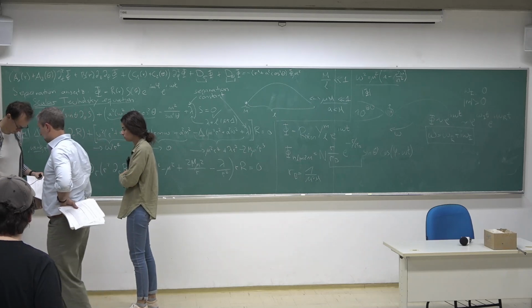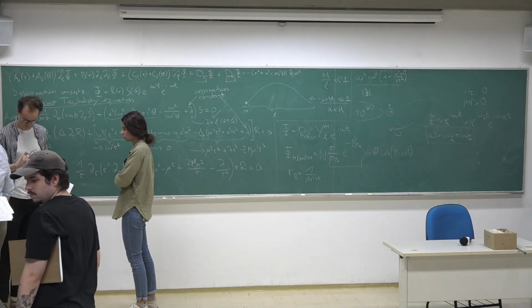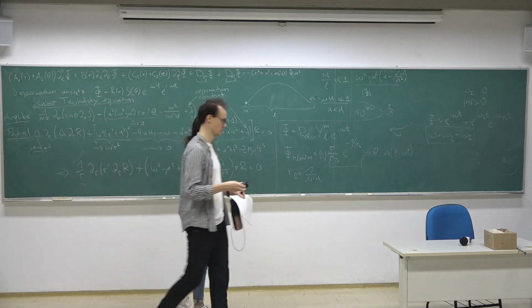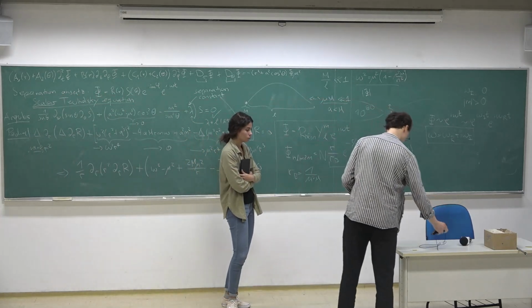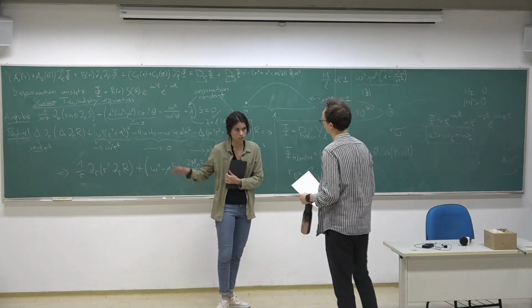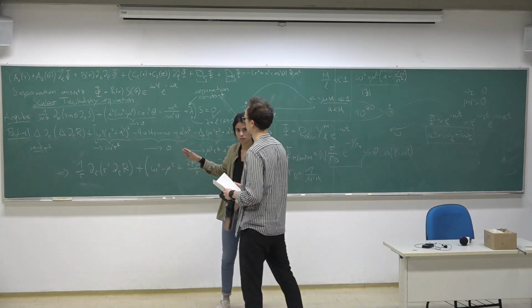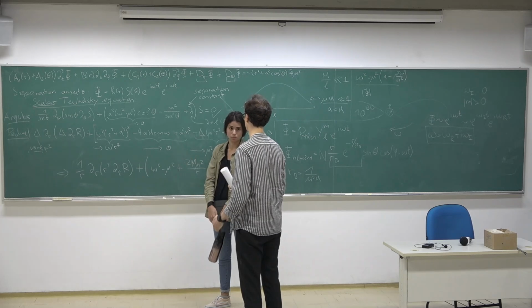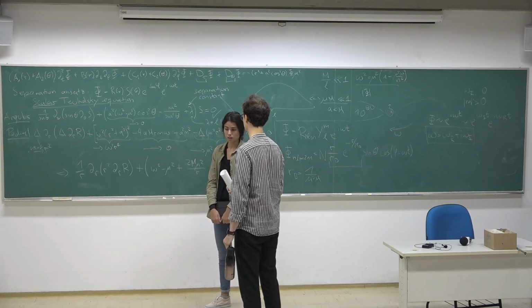So one thing that I understood is that when I want to describe null surfaces in my space-time, one way of doing this is to look at my Killing horizon, so I look at a Killing vector field, and I look where this vector field is null, and this will define my null surface.